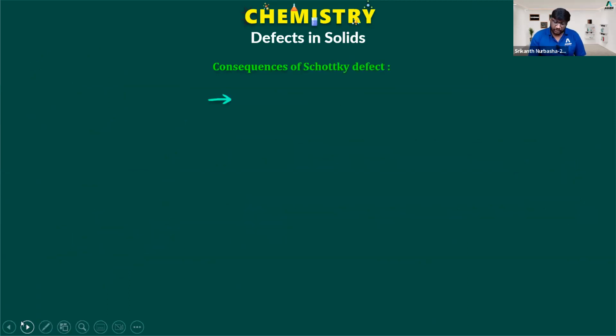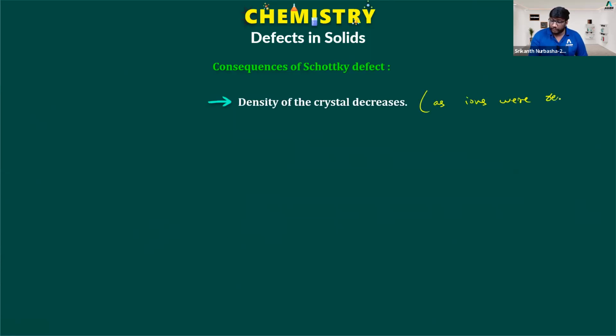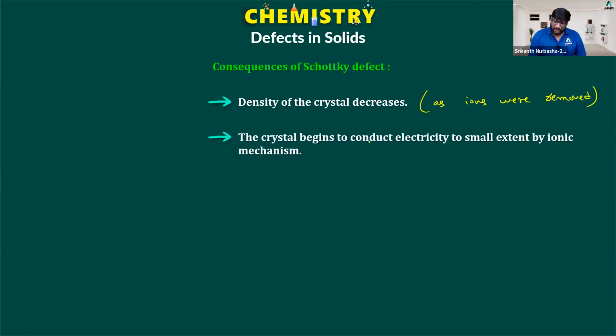Consequences of the Schottky defect: the density of the crystal decreases as ions were removed. The crystal begins to conduct electricity to a small extent by an ionic mechanism. Why is the ionic mechanism going to happen? Because of the presence of voids only.